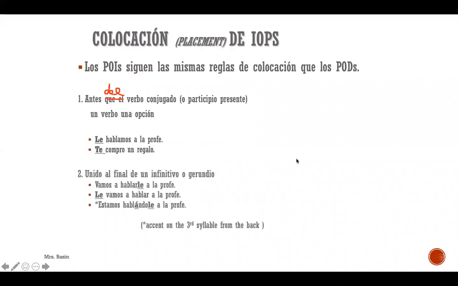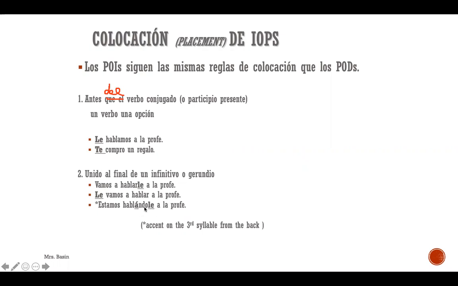Or I can put at the end of the infinitive or a gerund, right? So gerundio is the ing version of the verb, like ando, yendo. Entonces, por ejemplo, vamos a hablarle, I attach to the infinitive, or estamos hablándole.